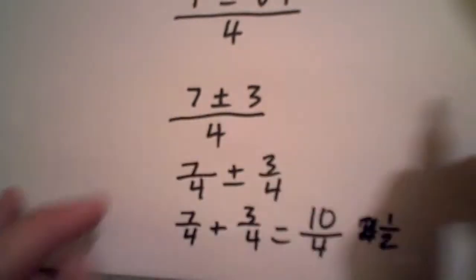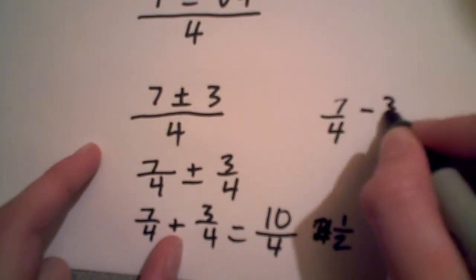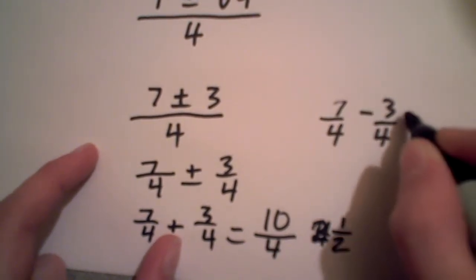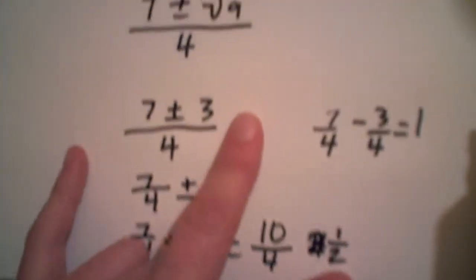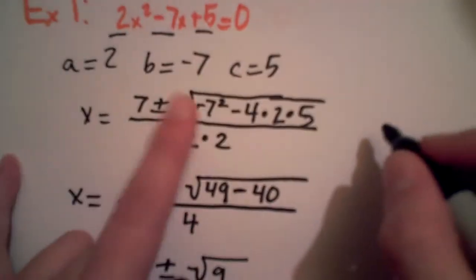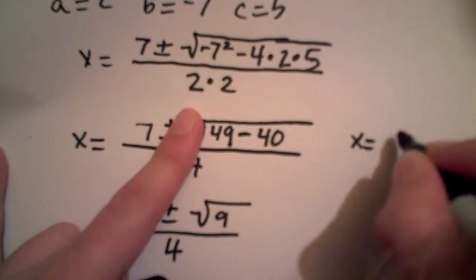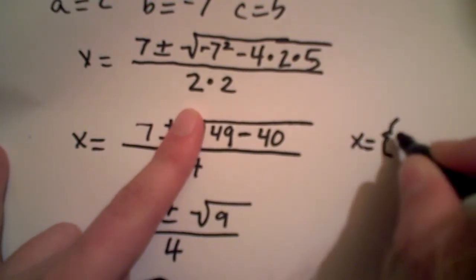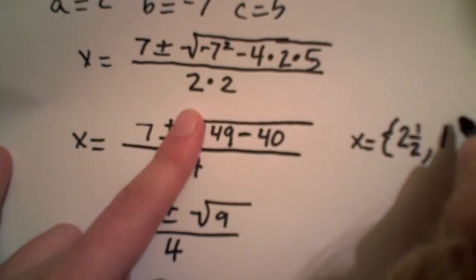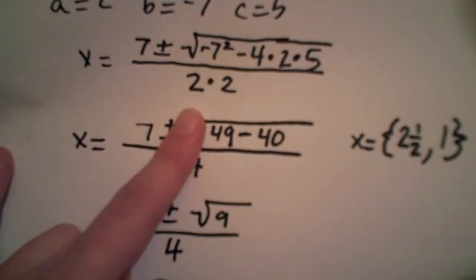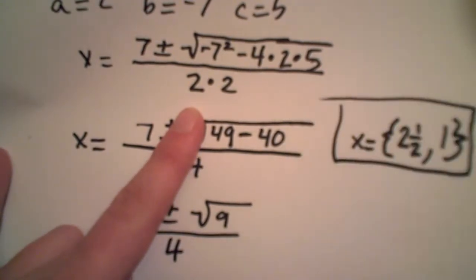Or we can also have 7/4 minus 3/4, which is going to equal 1. So our solutions, we'll put in set notation: x equals 2.5, 1, because both will work. Both are solutions to this quadratic equation.